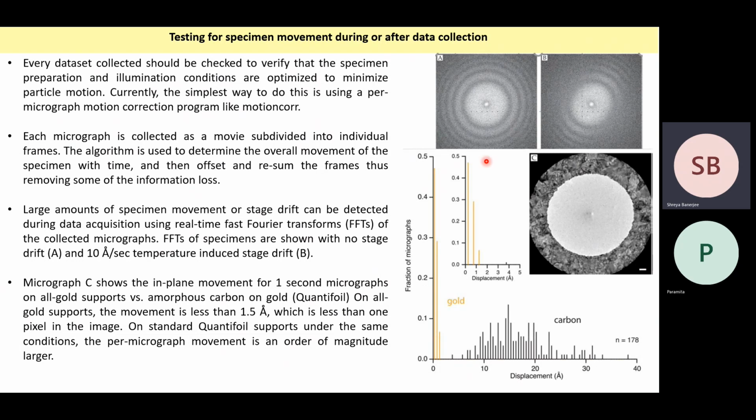So that will give a clear image. But if carbon on gold or a Quantifoil grid is used, then the displacement varies from 5 to 35 angstrom, which is a large displacement. And so a blurry image will be formed. So as we studied earlier, this gold grid will often be used where the carbon grid shows too much movement.